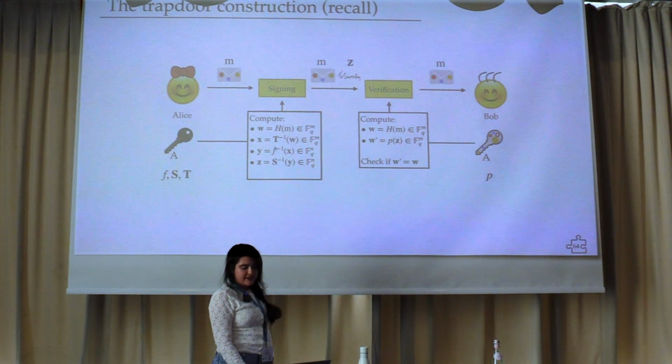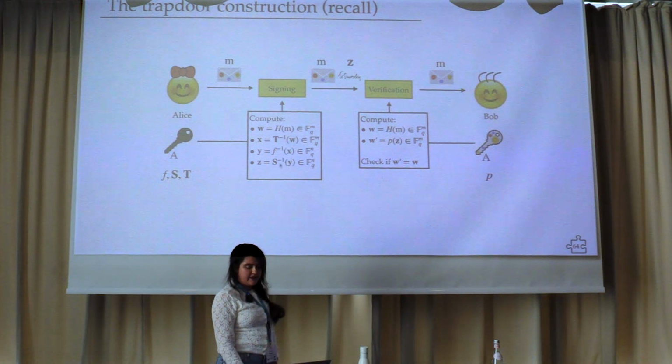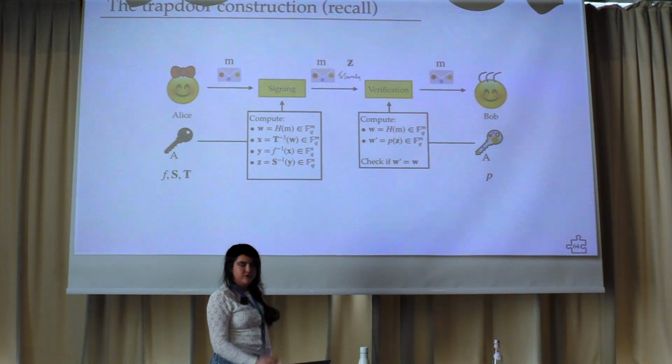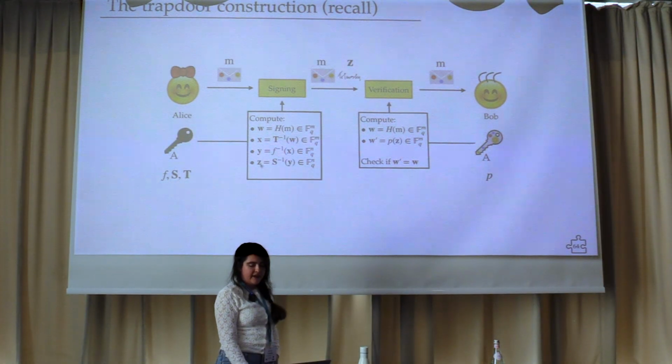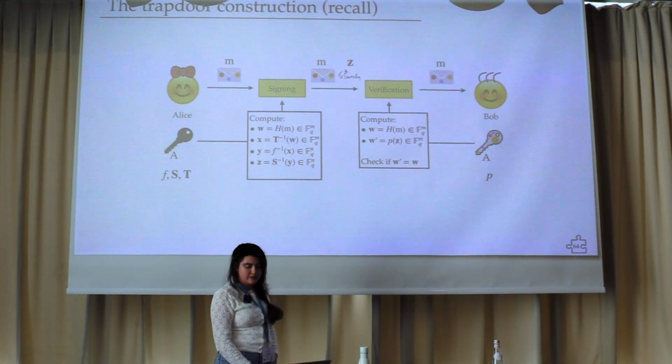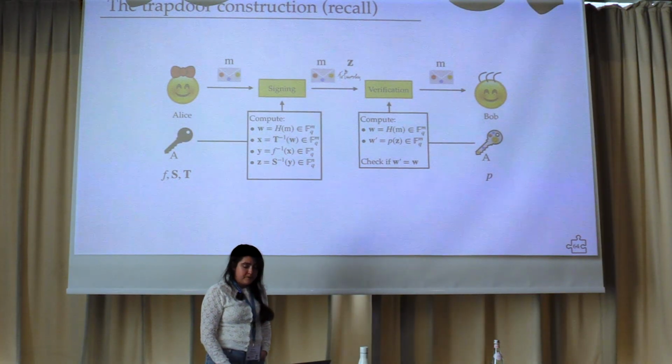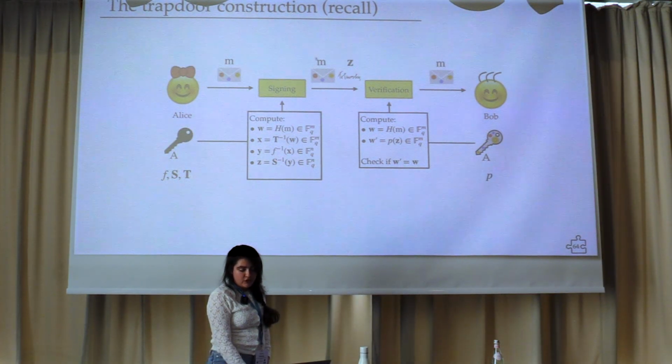Then you invert the central map that was easy to invert, and then you also do the inverse of the transformation on the input, and you get this Z. And then you send this Z as a signature alongside your message. And then on the other side, the verifier, or Bob here, can recompute this target W, right?